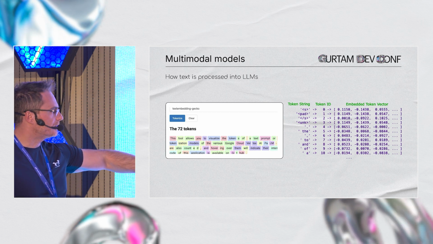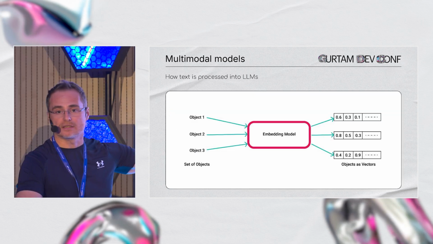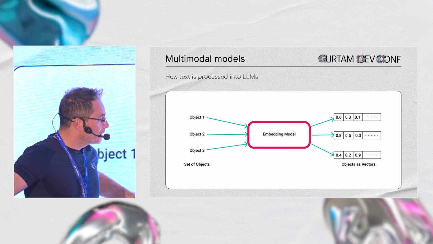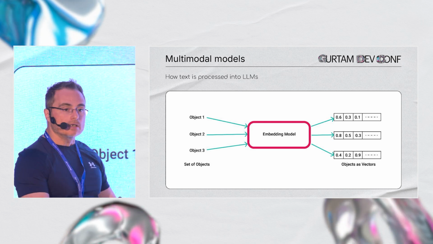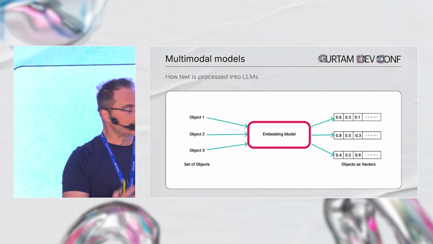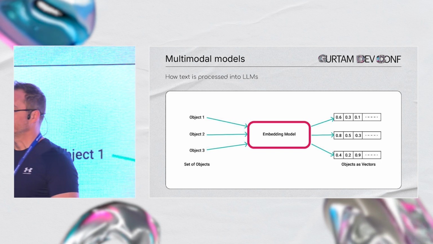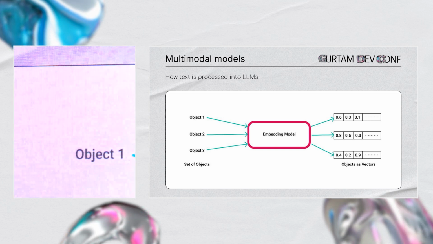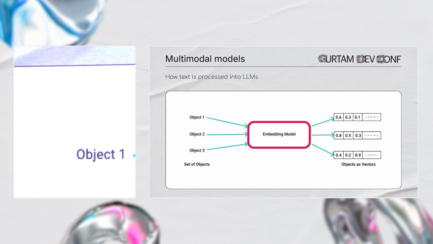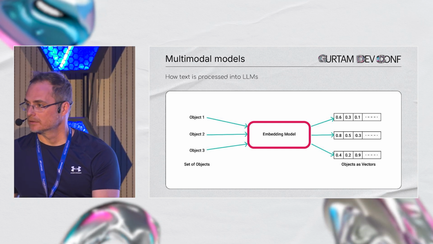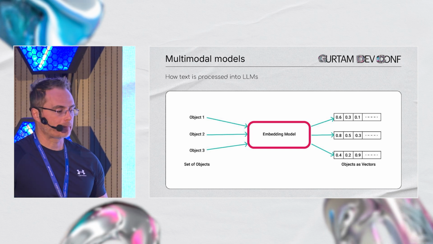Here, I guess it is easier to understand in this slide. So you have several objects. Using an embedding model, they are converted into vectors. Then that's the real input of the large language model that is used to create the answer for your question.